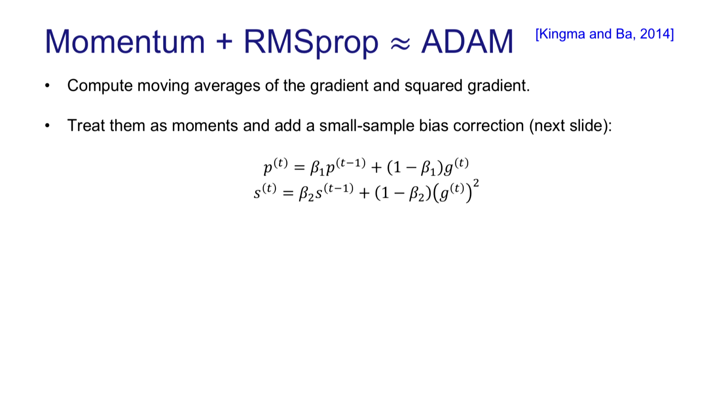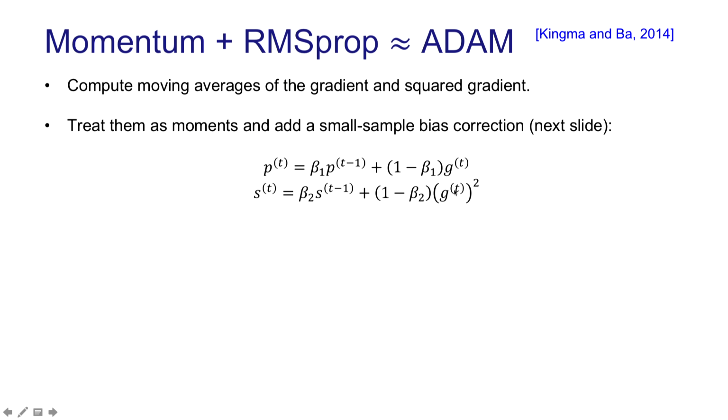Okay, so the methods that we saw so far are actually quite similar. At least RMS prop and momentum are similar in the sense that they compute moving averages of two things. For the momentum method, you're computing a moving average of momentum, which is basically a moving average of the gradient. The S parameter for RMS prop, that coordinate normalizing parameter, is a moving average of the squared gradient, squared coordinate-wise.